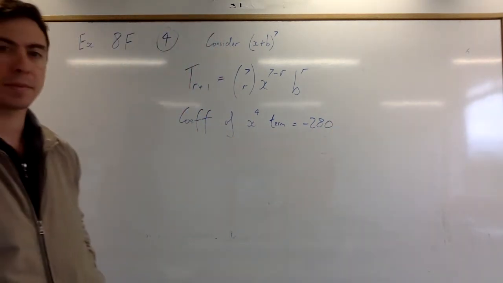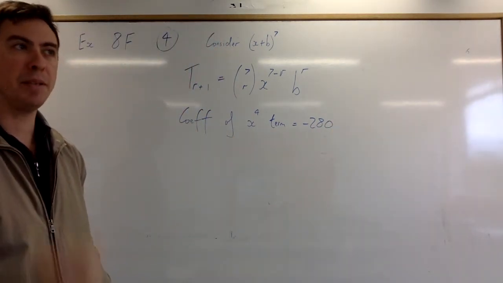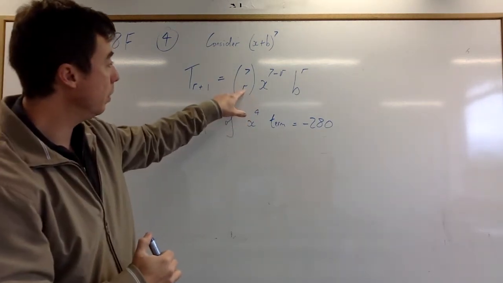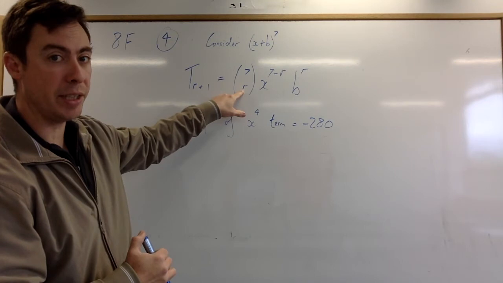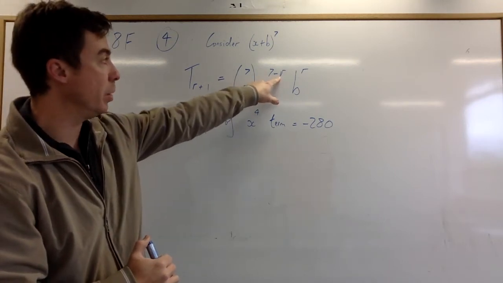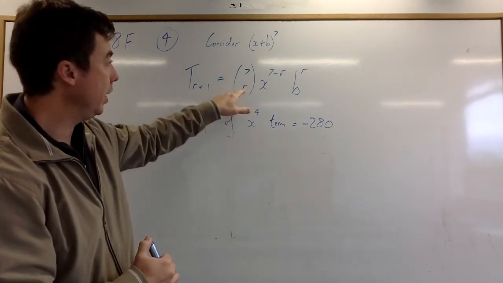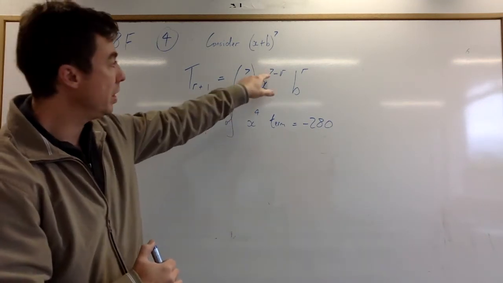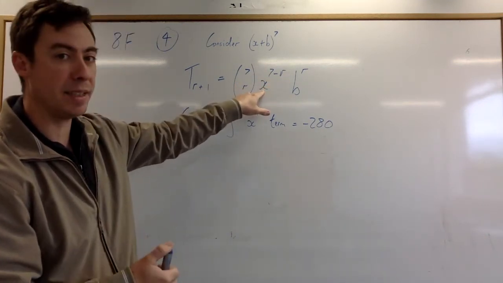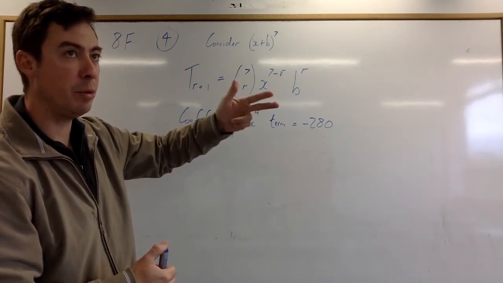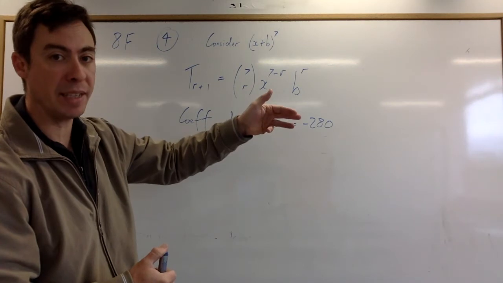That'll be the fourth term, I think, because you start expanding. Your r will be 0 initially. So you'll be plugging 0 in, you'll get x to the 7. That's the first term. Then you go to r equals 1. 7 minus r, you'll have x to the 6. That'll be a second term. Your third term will be x to the 5. Your fourth term will be x to the 4.